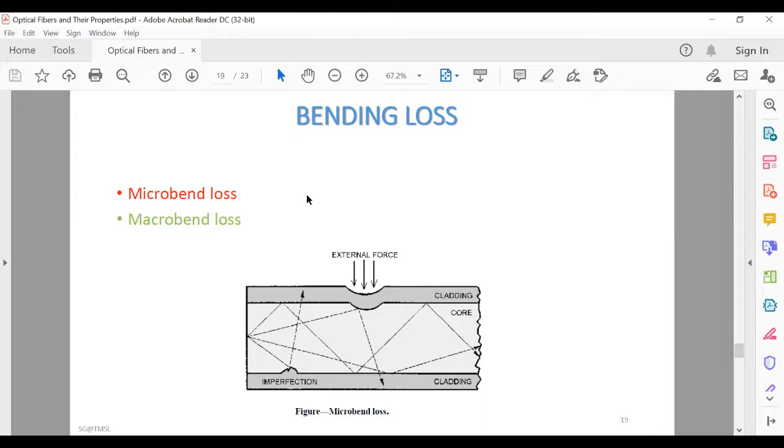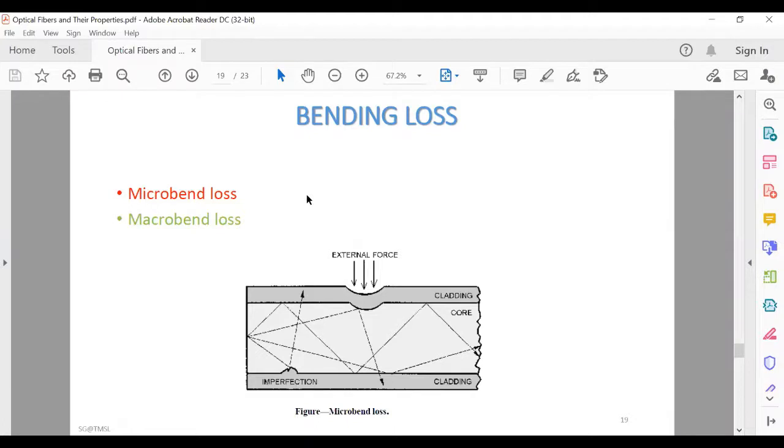Microbend and macrobend losses are both very important loss mechanisms in fiber optics. Fiber loss caused by microbending can still occur even if the fiber is cabled correctly. During installation, if fibers are bent too sharply, macrobend losses will occur.